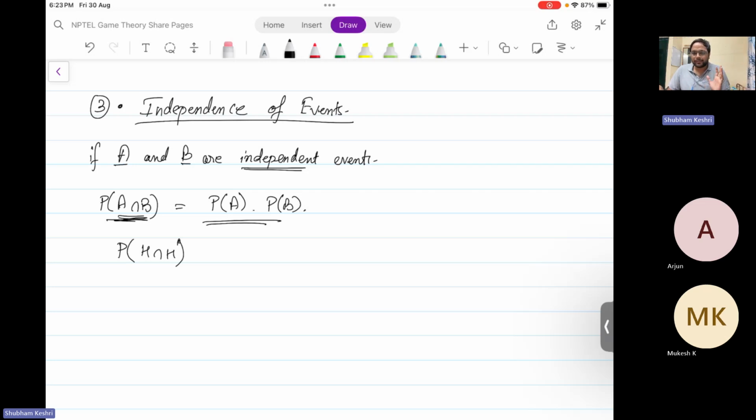Provided both coins are fair, it is given by probability of head times probability of head. Here the first toss is independent of the second toss, and this is half because the coins are not biased, and this is also half, which gives 1/4. You can do this because both tosses are independent of each other. So this is where independence comes in.